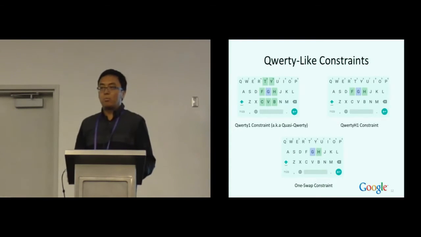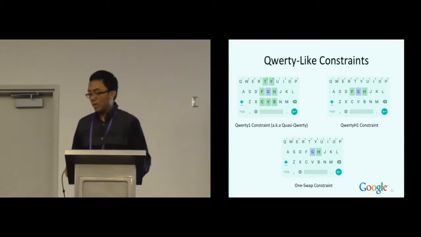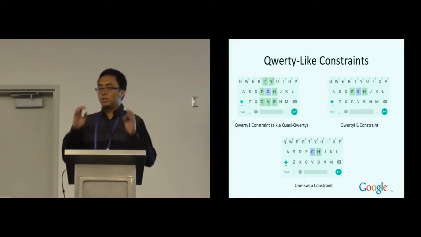We only do one swap. We only swap a pair of keys on a layout over Qwerty, and these 2 keys have to be Qwerty neighbors, for example G and H, one possibility. So we want to investigate under these 3 constraints, can we still get layouts that are better than Qwerty? And we hope that these constraints will help users learn the new layout.